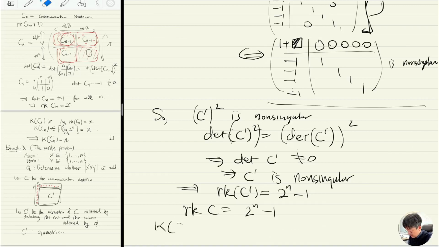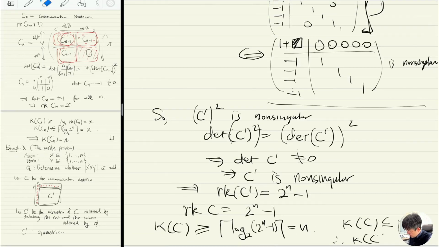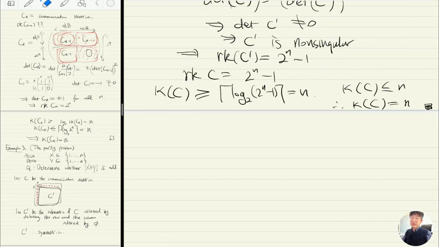Now what is kappa of C then? The lower bound is log of 2 to the n minus 1, which is again n minus 1, and the upper bound is trivially n. So this means the kappa of C is n. So what we proved is that for all these three problems, the trivial algorithm is the best algorithm.